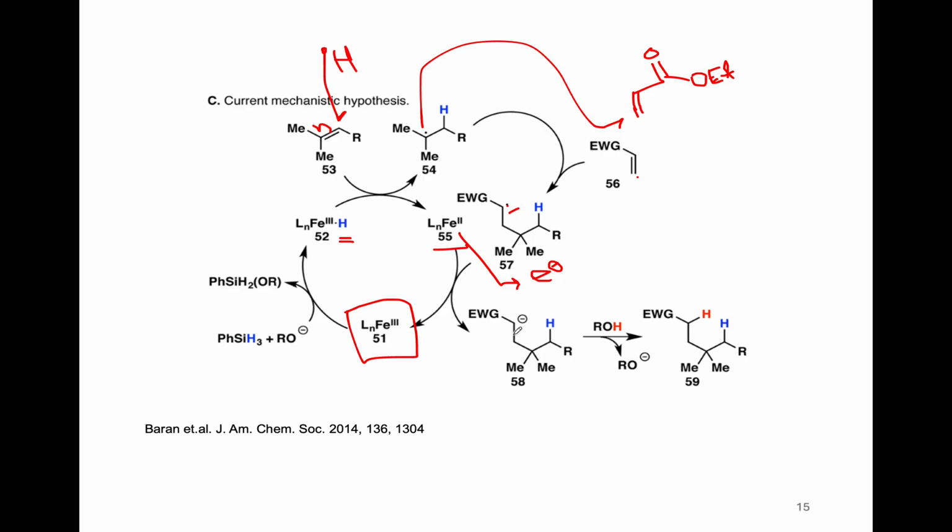So this carbon will now have two electrons, that means it is a negative charge, and this negative charge will abstract a proton from this ethanol, whatever protic solvent we are using, and it will give this product. So basically, this CC bond is forming.